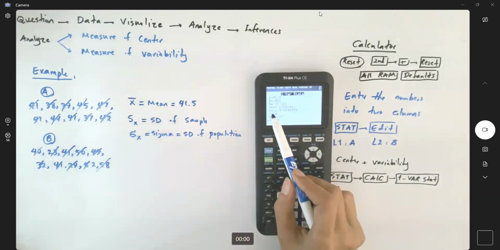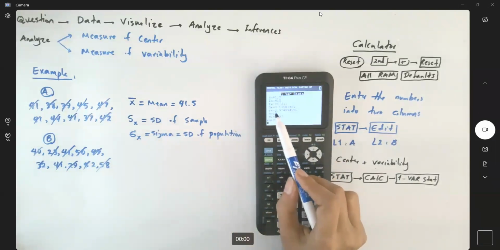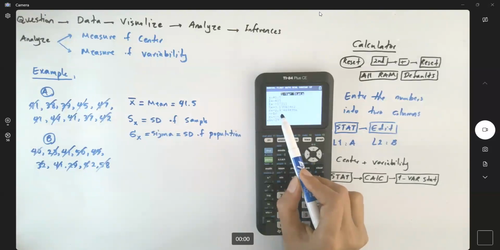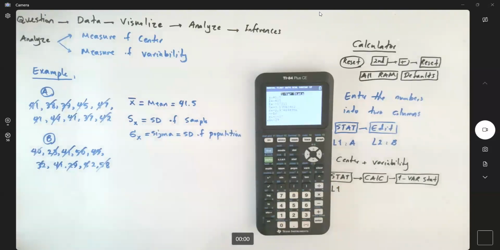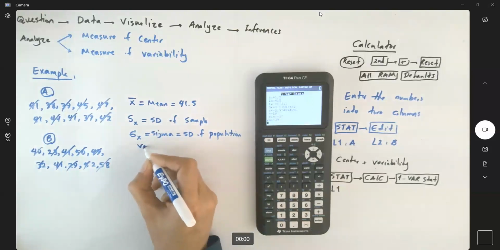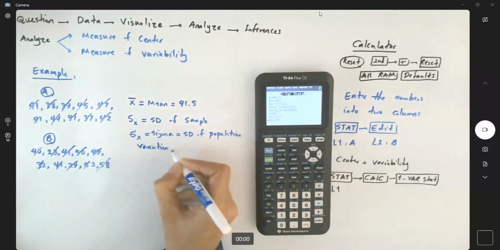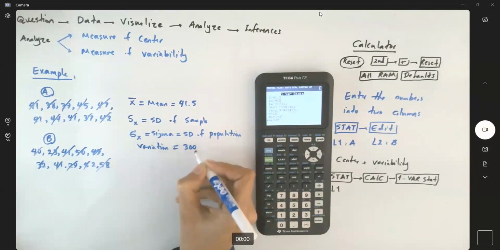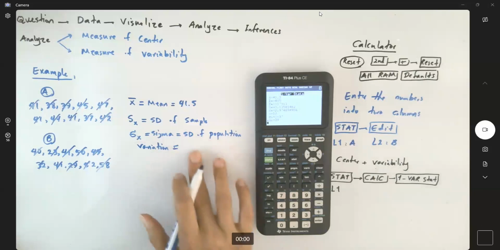But if the question says, hey, you are working with a population, you're going to select $2.97 thousand. So here the variation is about $3,000, or just 3.